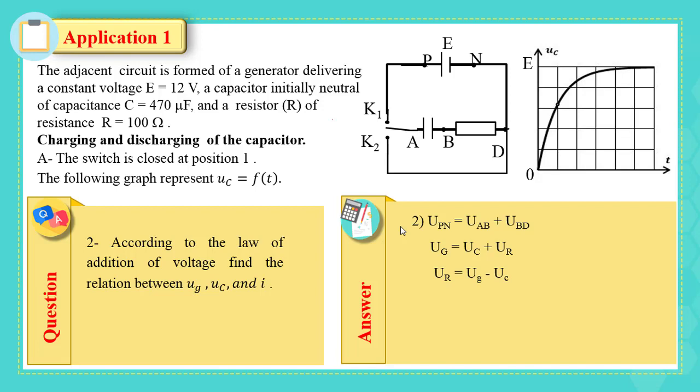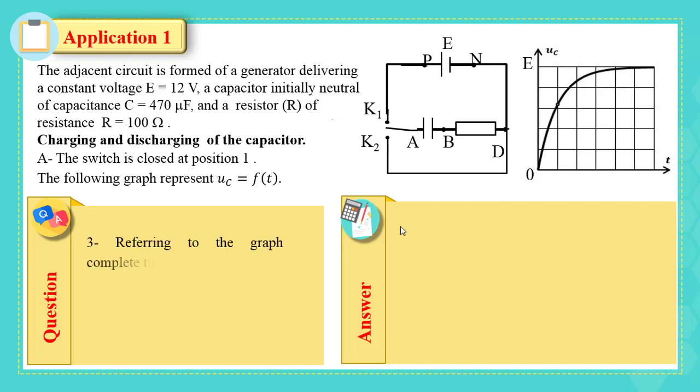According to Ohm's law, UR equal RI, which is equal to E, the electromotive force of the dry cell, minus UC, the voltage across the capacitor. So I equal E minus UC over R. Referring to the graph, complete the table.